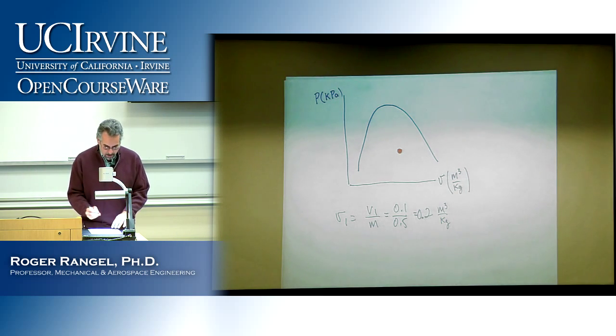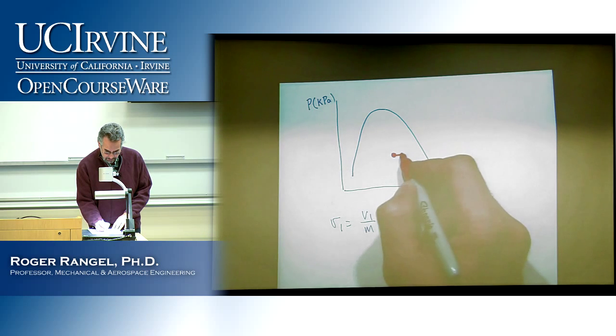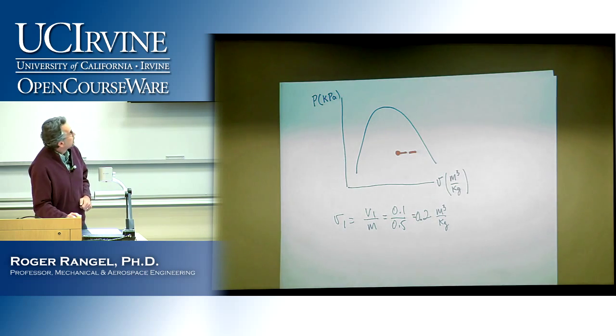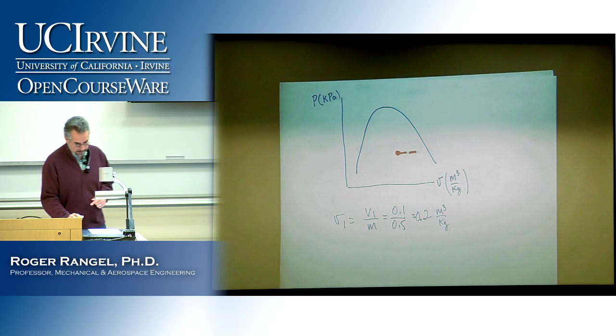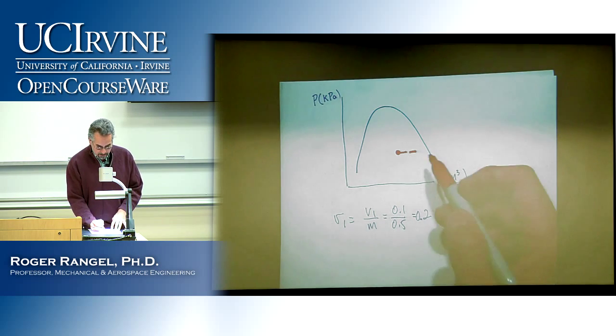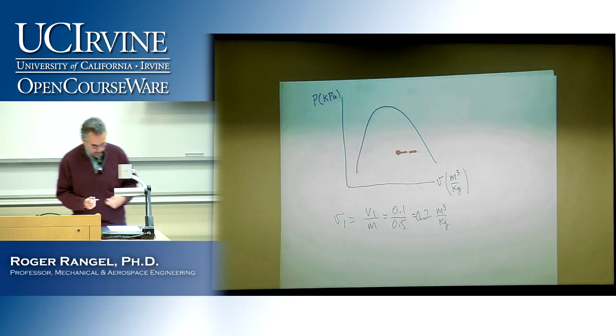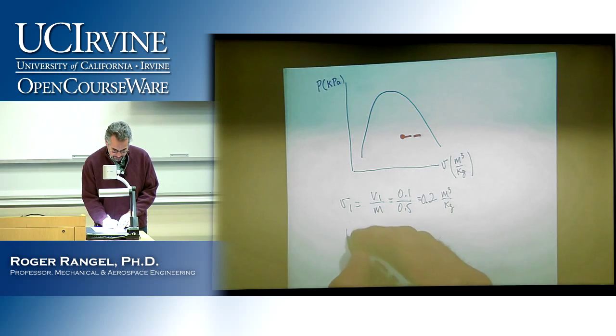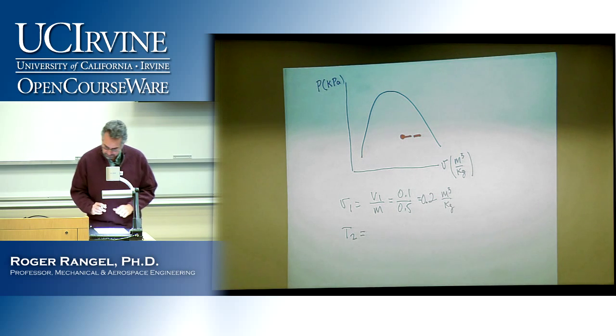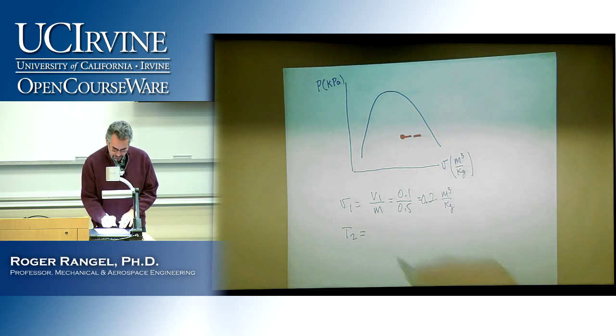And as I said, it's a constant pressure process, so we know we're going to have to go to the right. We're expanding. And the next question would be to determine where we end up. And as the problem statement says, what we do know is that the temperature at the end state is 300 Celsius.